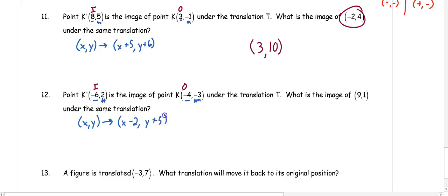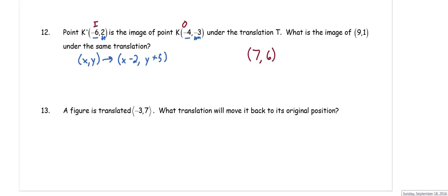That's plus 5. Make sure that you're always going from the capital letter to the capital letter with an apostrophe. Now that I have my rule, 9 minus 2 gets me 7. 1 plus 5 gets me 6. So my new point would be 7, 6.